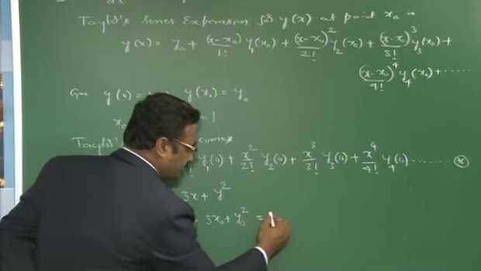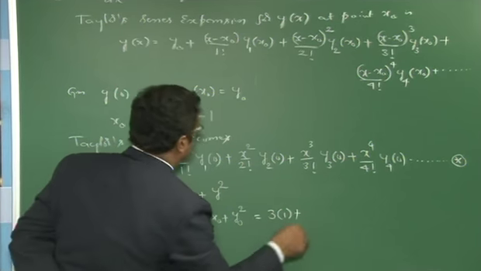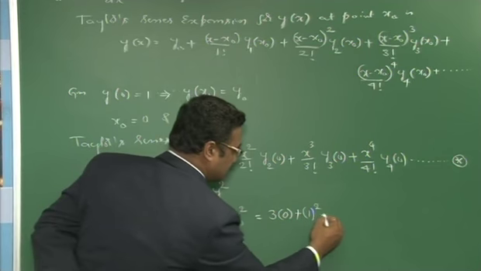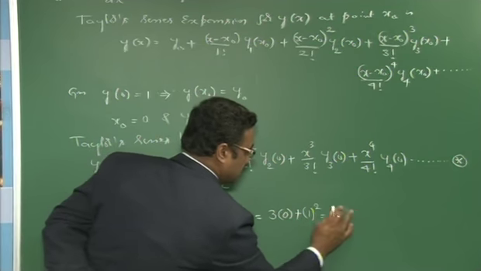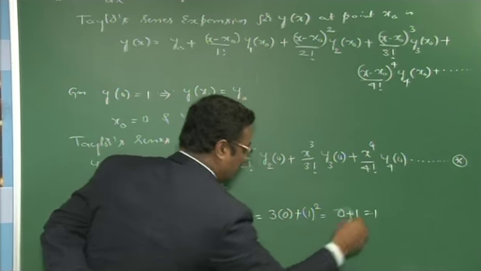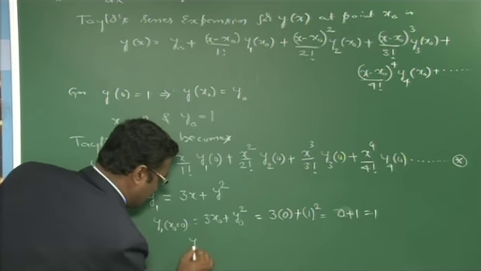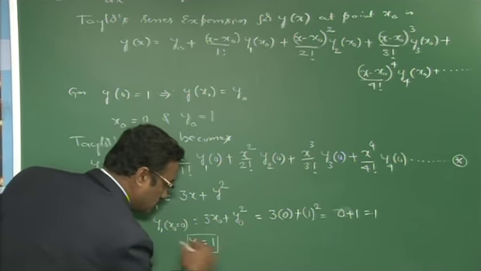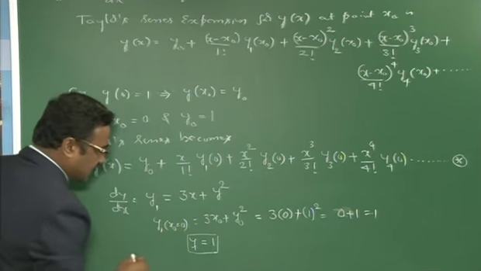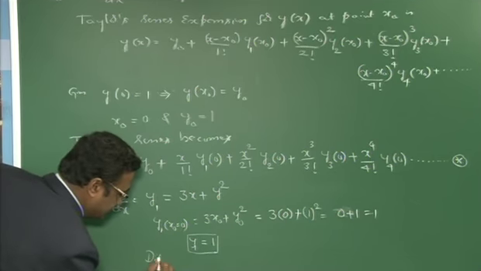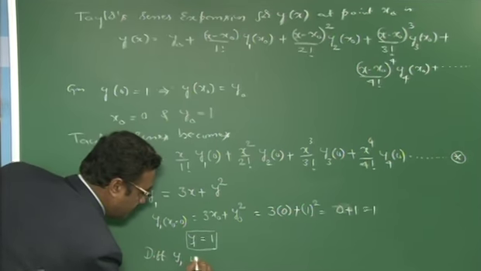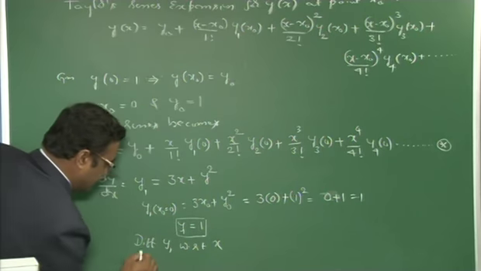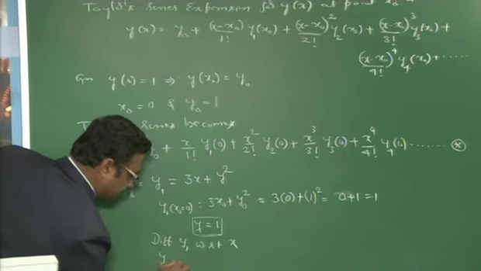These values become 3 into 0 plus 1 square, which is 0 plus 1, that is 1. So that gives the y1 value: y1 at x naught equal to 0 is 1. And similarly next, differentiate y1 with respect to x, then it becomes y2.